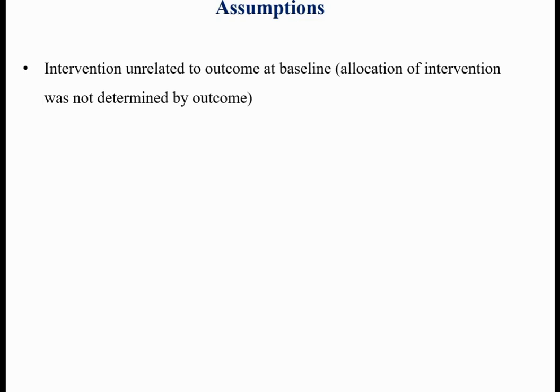If you want to assess the impact of a particular policy, of a particular program, of a particular law, then that policy or law, that treatment should not be determined by the outcome.